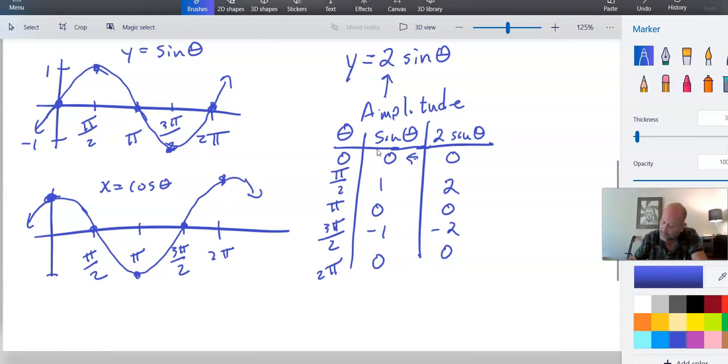Now, what if I went ahead and graphed this? I really didn't leave myself much room. What it ends up doing is it changes the range of the sine function. So I'm going to do a tiny graph here.